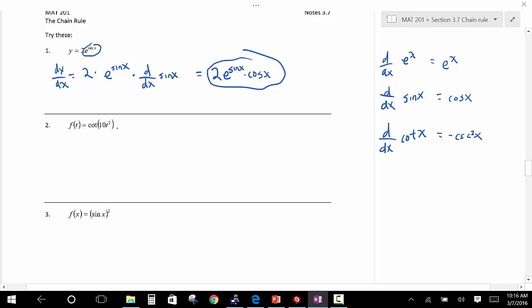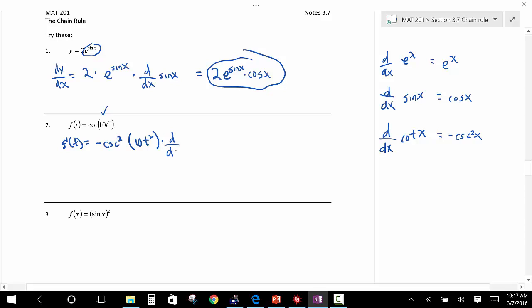Okay, all right, now with this next one, we have f prime of t. So the cotangent's derivative is negative cosecant. Now this has a function inside, so you start by saying negative cosecant squared of 10t to the second, and then what do you do?